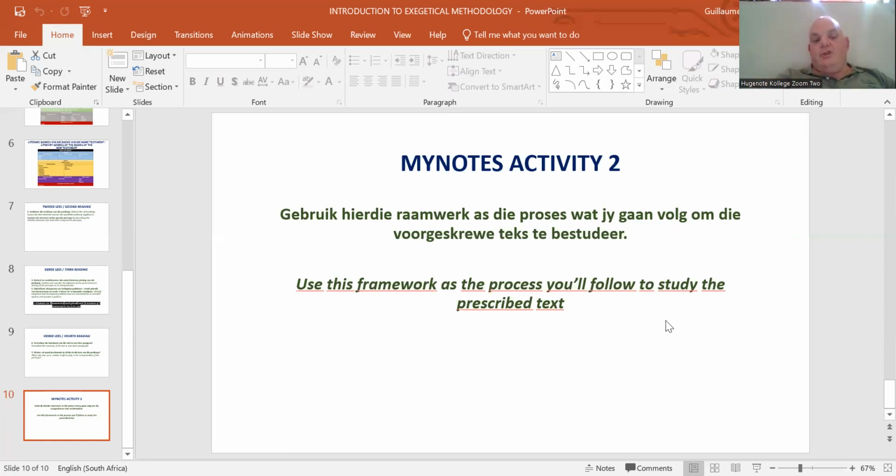So you're going to use this as a template in your research for that activity. I've given that activity earlier so that you can start doing some work on it already. It just gives you a bit more time.